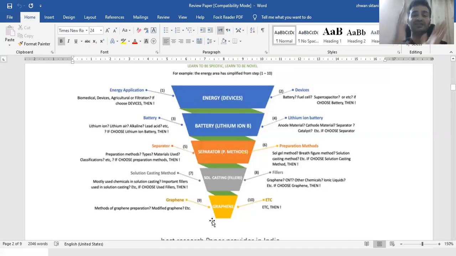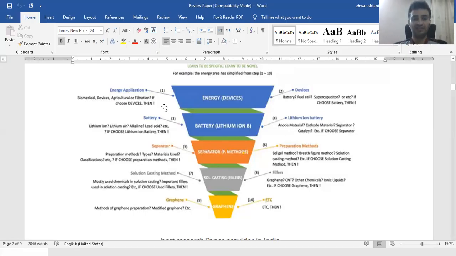So step by step, we became more specific. Now we choose graphene. But what should we choose from graphene? Preparation method or modification of graphene. And then we can find the final stage.